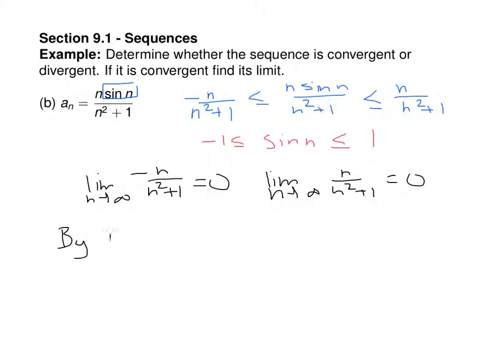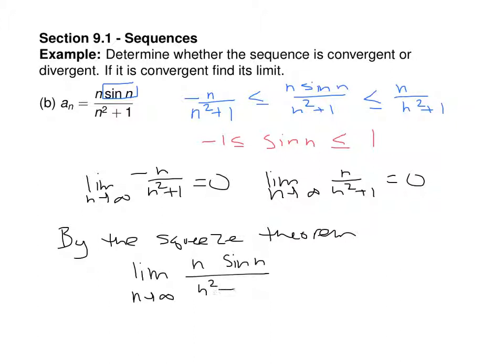So by the squeeze theorem, because n sine n over n squared plus 1 is in between those values, that limit also has to be 0.